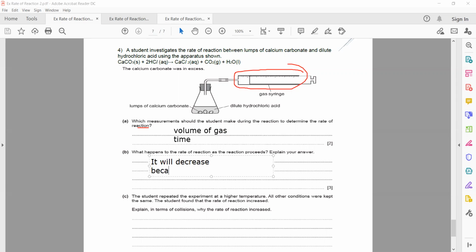It will decrease because the number of reactant particles decreases, which results in fewer collisions.